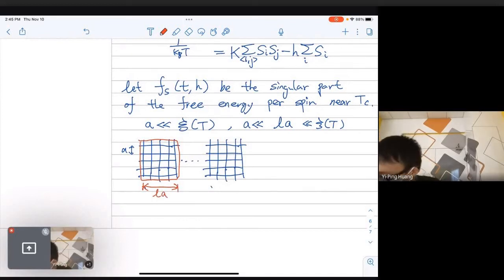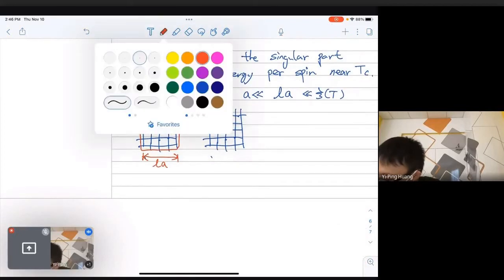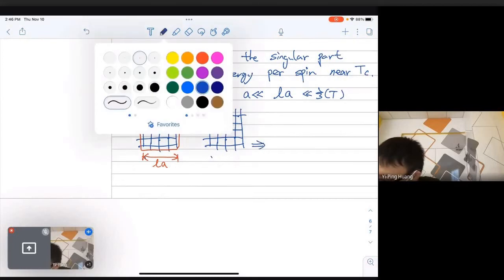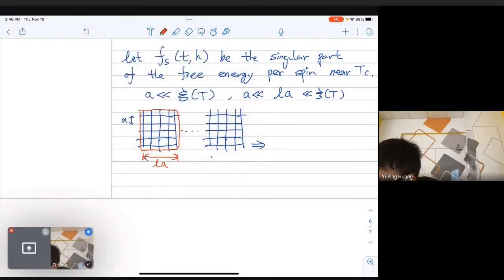If you do this kind of coarse graining, what you expect is a new model where each red dot represents a coarse-grained block, and these red dots again live on the same square lattice.